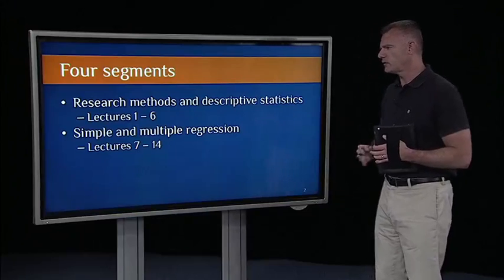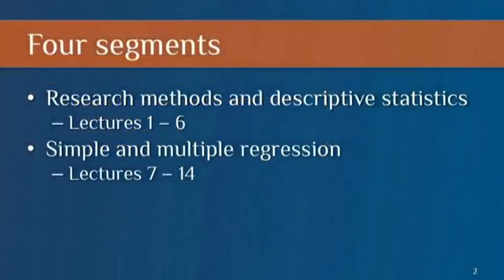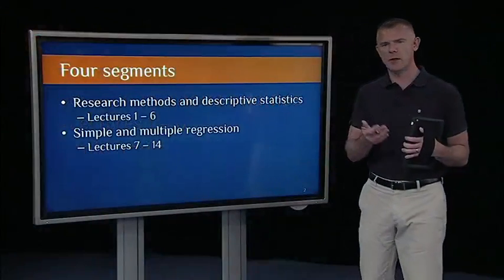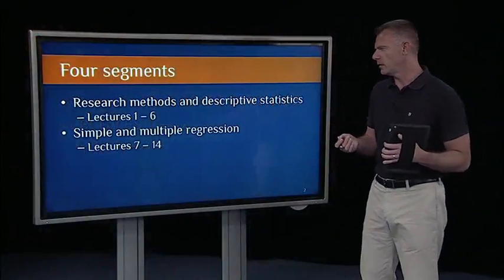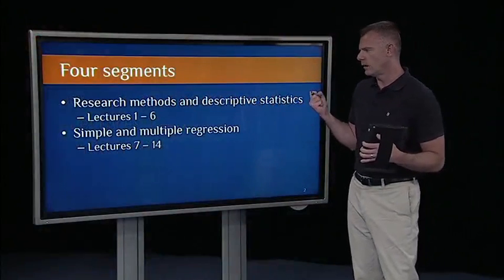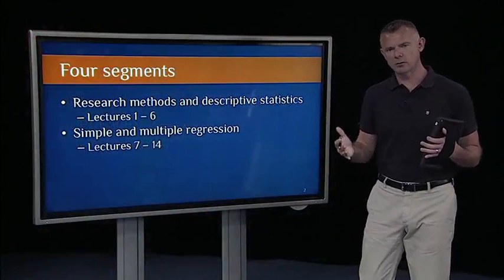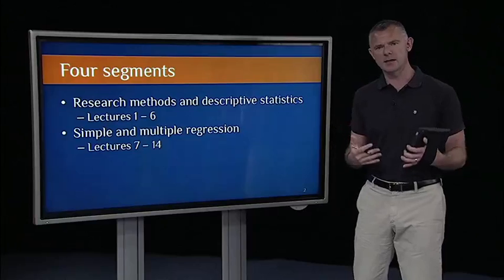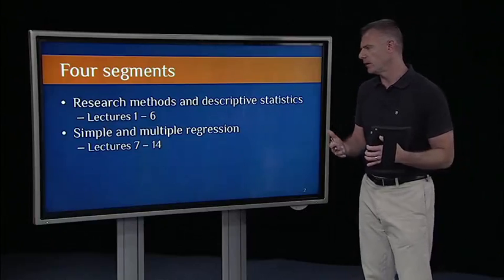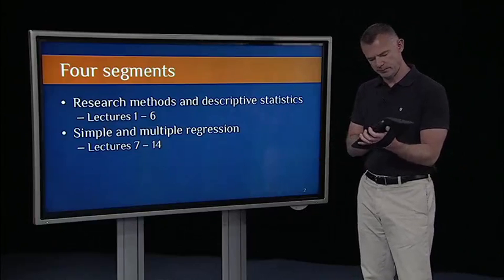So the first segment of the semester all just dealt with research methods and descriptive statistics. That was lectures 1 through 6. The second segment was just simple and multiple regression. We spent a lot of time in multiple regression. That was lectures 7 through 14.